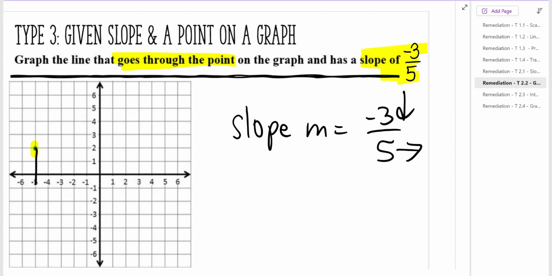So abajo 3, derecha 5. So we went down 3, and then right 5, draw a point. Down 3, right 5, draw a point. And then draw the line. And that's the graph.